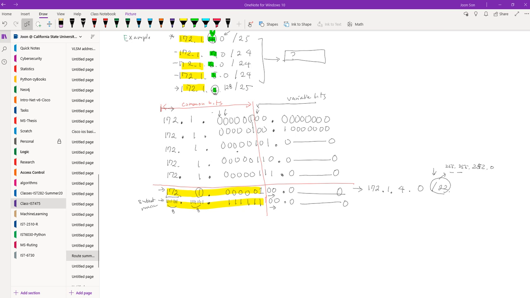So for the subnetting, let's review subnetting with VLSM, right? Subnetting is a process of lengthening the mask, right?